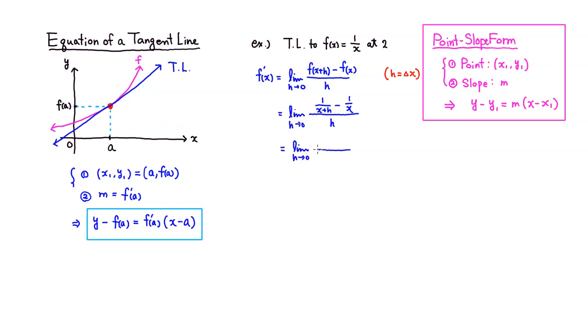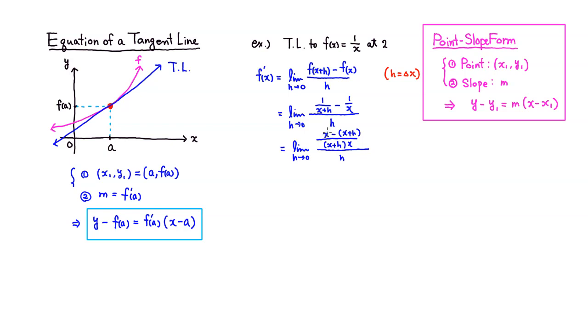The common denominator is just the product of the denominators, the quantity x plus h times x. So I multiply the first numerator by x, and we have x minus, multiplying the second numerator by x plus h, and we still divide through by h because you still have h on the bottom. Let's do a little bit of simplification.